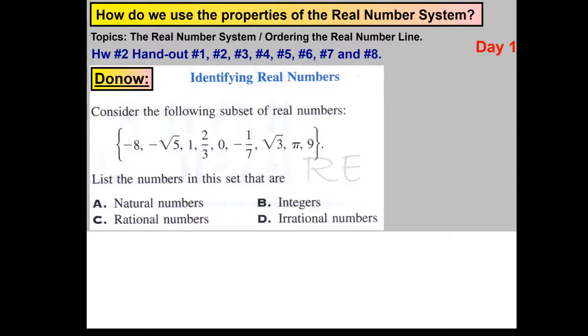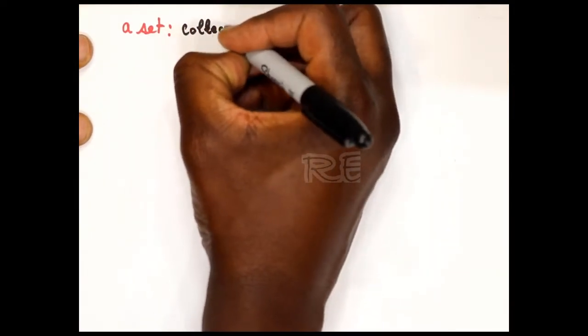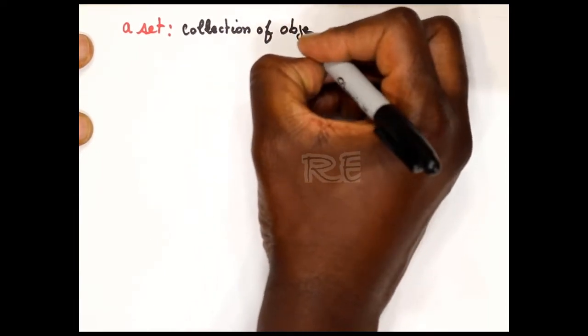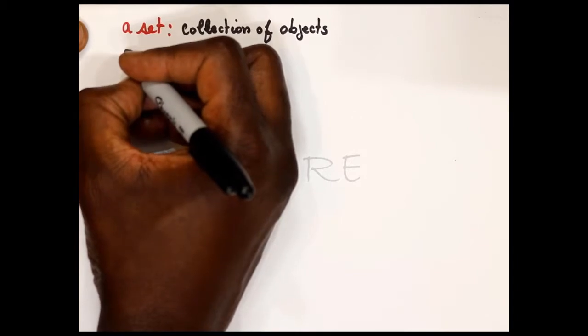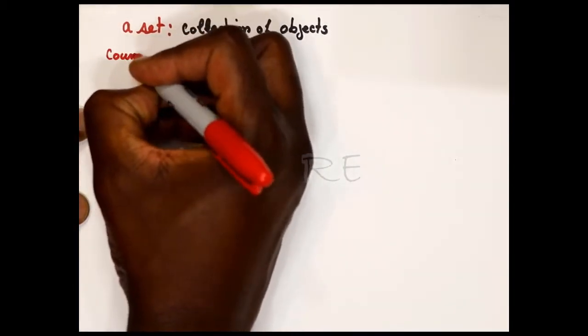Before we start with the do now, which asks us to identify numbers, let's quickly review what we've learned so far. We know that a set is a collection of objects. We also learned different sets.